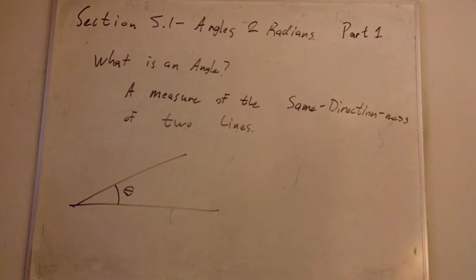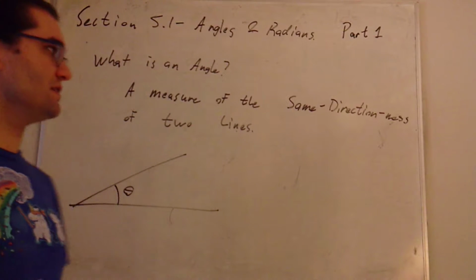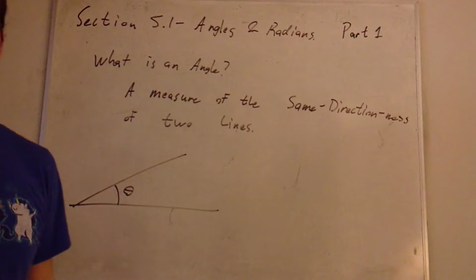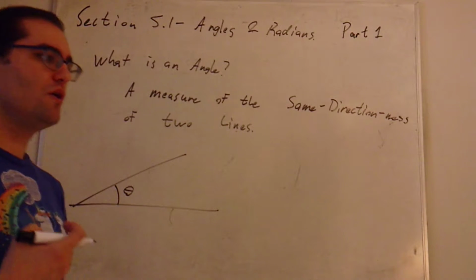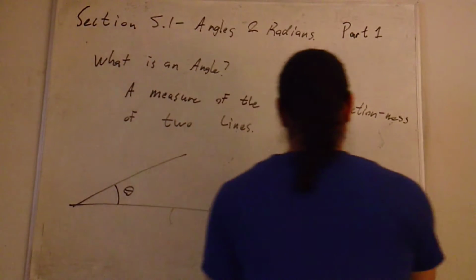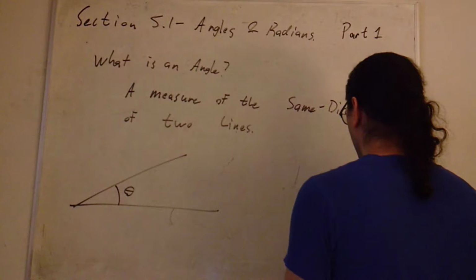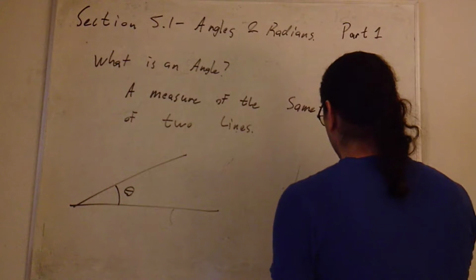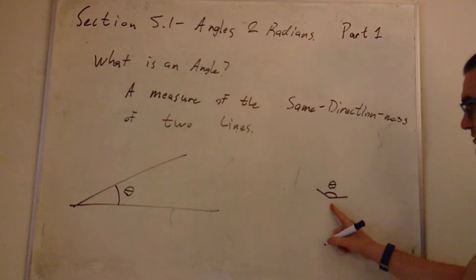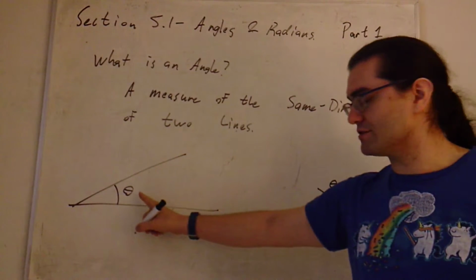And this idea of same directionness is critical to the idea of angles, because the most important thing we need to talk about with respect to angles is how to distinguish between big angles and little angles.